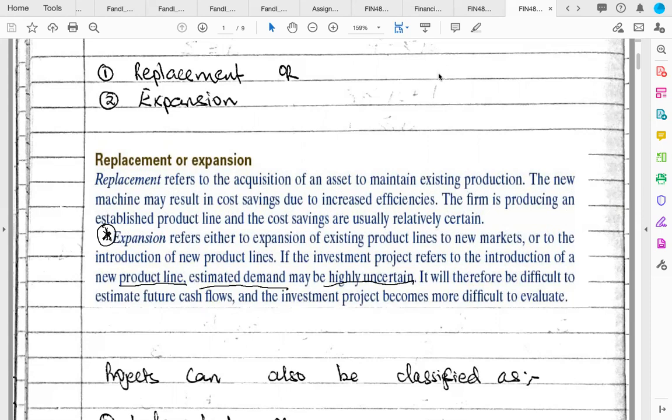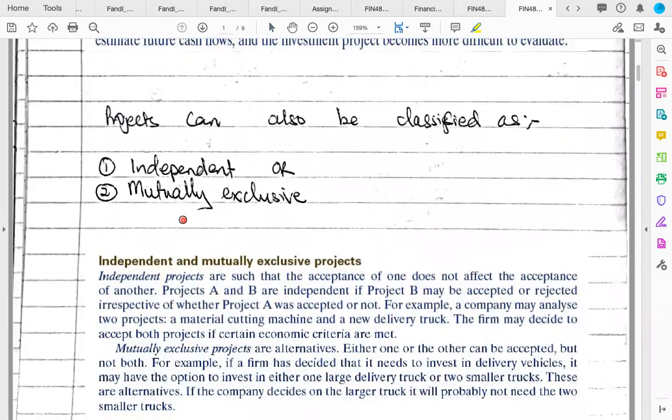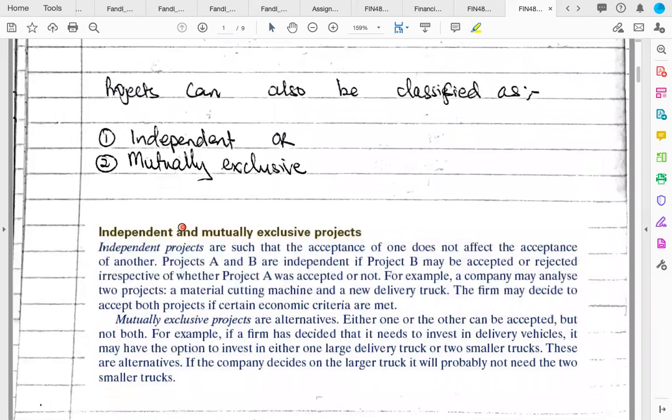But when we look at capital budgeting, the most common reason why companies pursue capital budgeting is to expand their current operations. So expansion is the most common reason why a company would pursue a capital budgeting project. Okay.